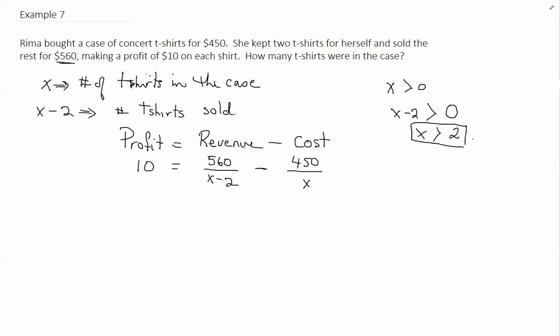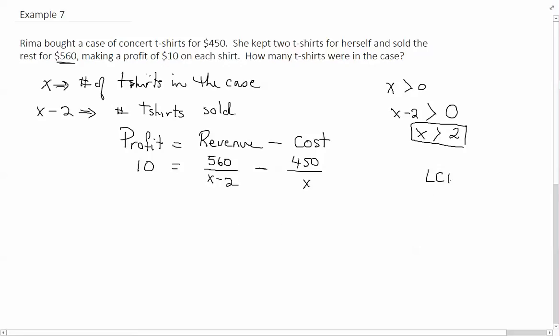Now we're looking for our lowest common denominator. In this case, our lowest common denominator is x minus 2 times x, and we multiply our whole equation by that lowest common denominator.